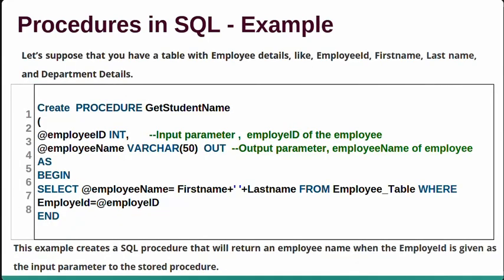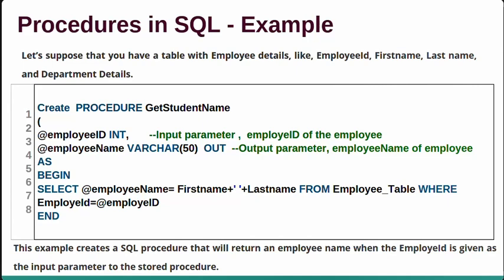Here we have another example which builds on the previous one, a simple example which takes one parameter as an input and gives some output. Now we are going to create a procedure that retrieves the data from the employee table. Let us consider an employee table with the employee name, first name, last name and department details.